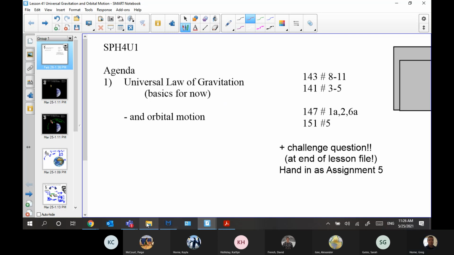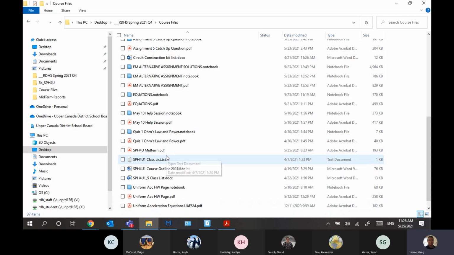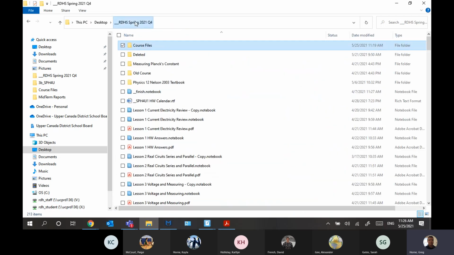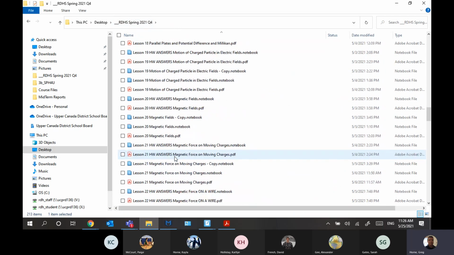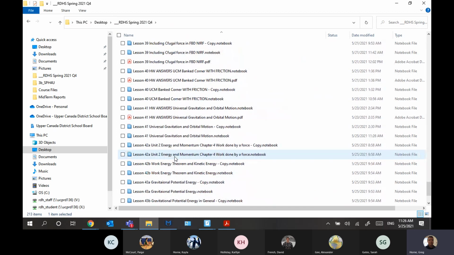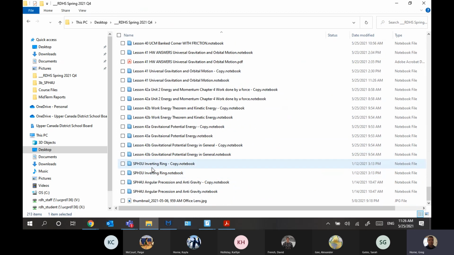The lessons that I put together, I'd labeled them as 42A, 42B, 43A, and 43B, because really the only new one is gravitational potential energy in general. That's the only new one. 42A and B and 43A are absolutely pure review from grade 11.